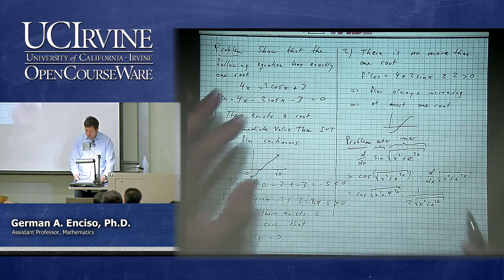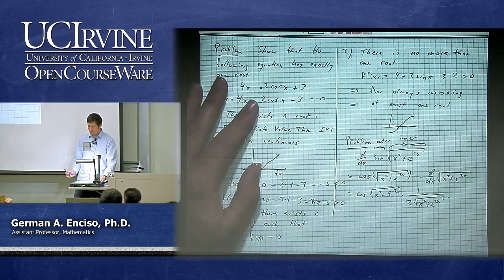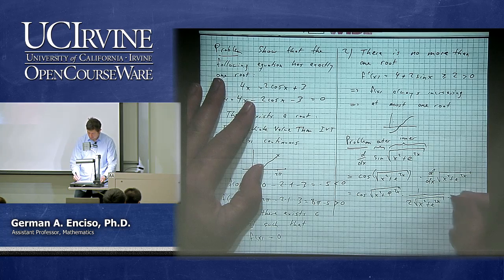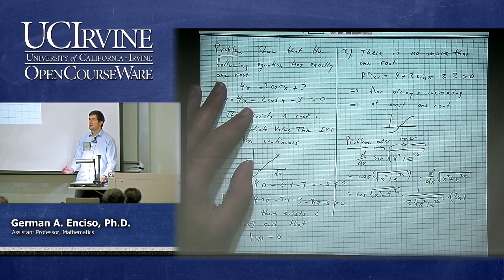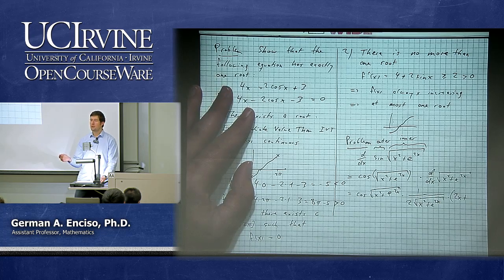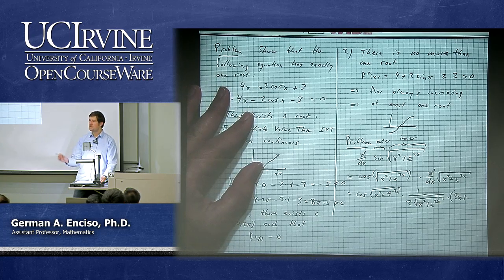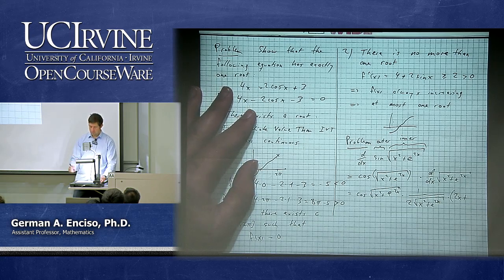Okay, what's the derivative of x squared plus e to the 2x? This is 2x plus the derivative of e to the 2x. Once again, it's a chain rule problem, really, right? The derivative of e to the 2x is e to the 2x times 2.